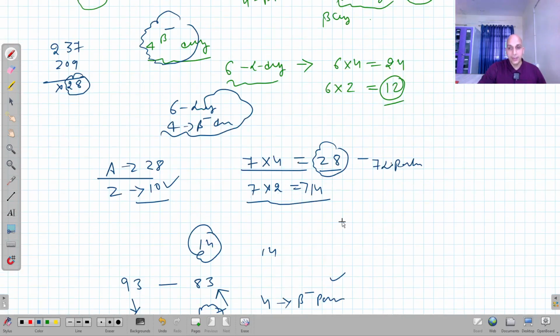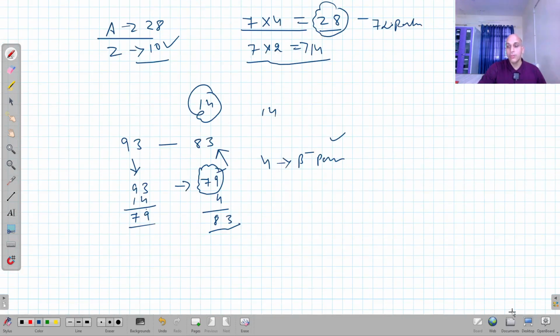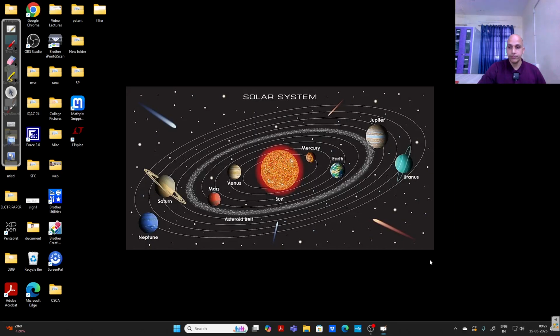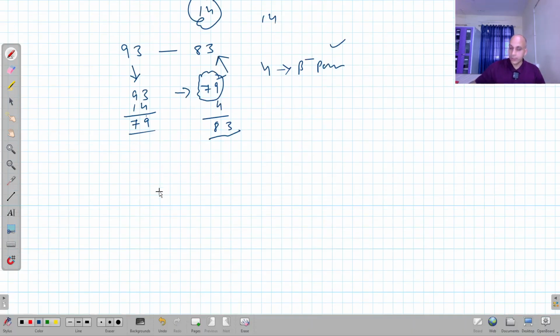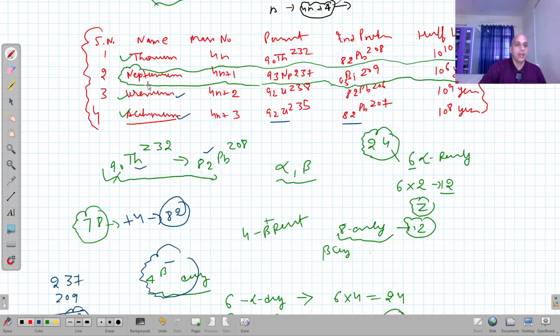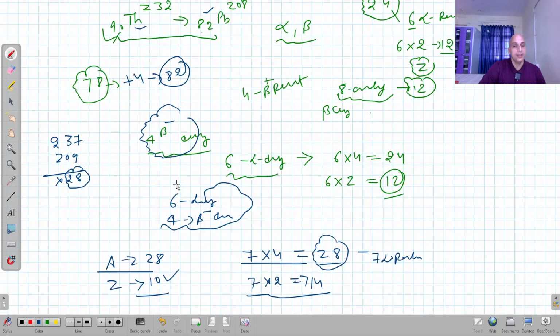How many? 7 alpha particles and 4 beta negative particles, right? Similarly, you can have the number of alpha and beta particles for other two series. You can be asked and you can calculate for these two series the number of alpha particles and beta particles emitted.